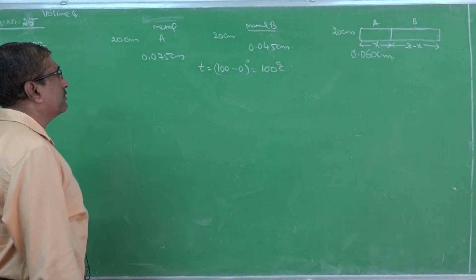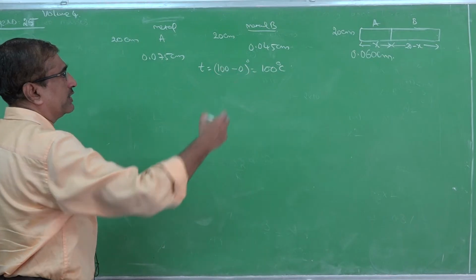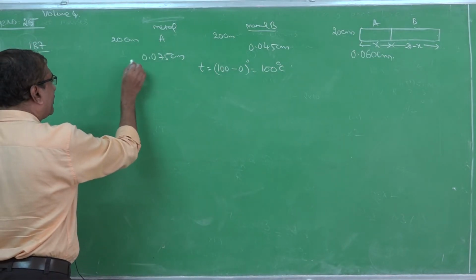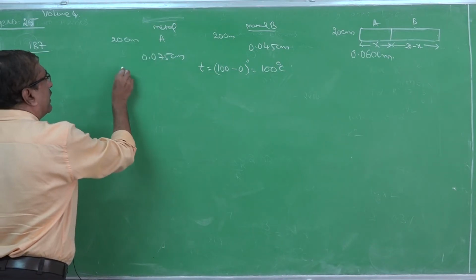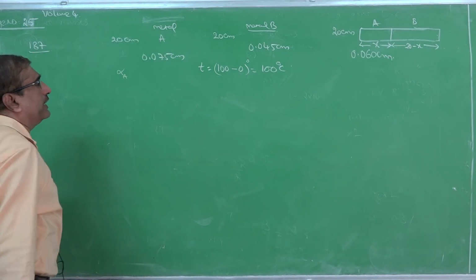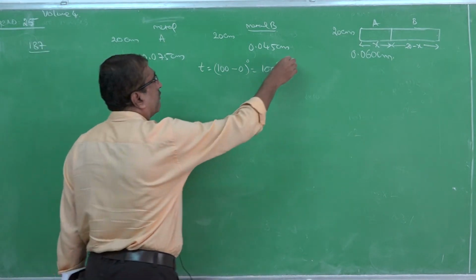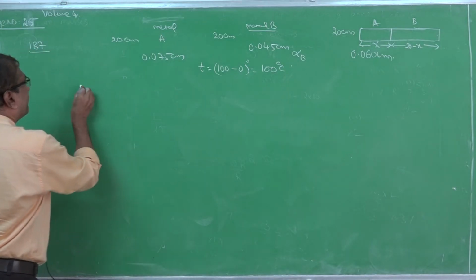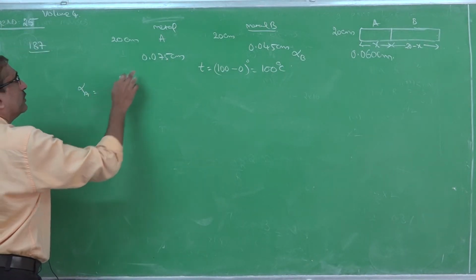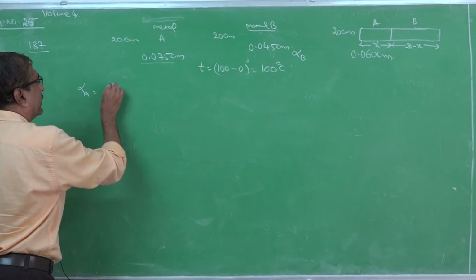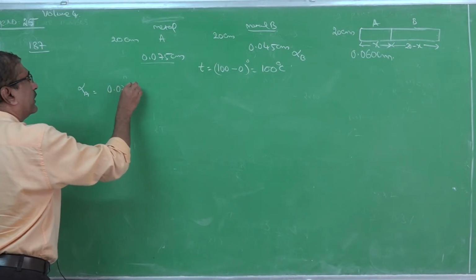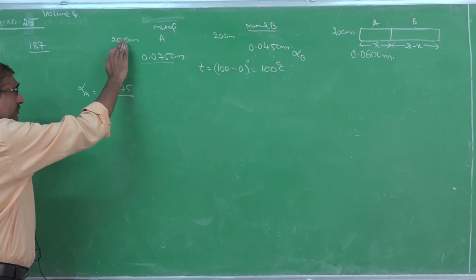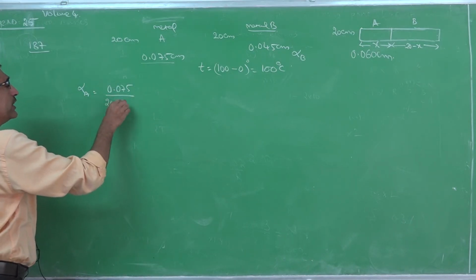First we find the linear coefficients of these two rods. Assume that alpha A is the linear coefficient of metal A and alpha B is the linear coefficient of metal B. Now, alpha A is equal to the change in length, 0.075, divided by the initial length 20 into the change in temperature.